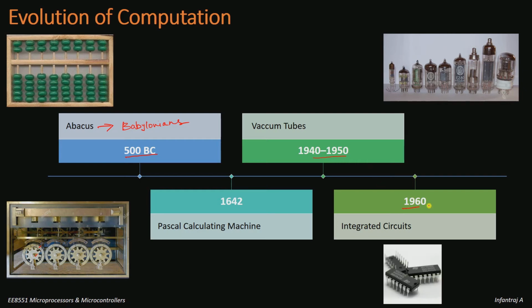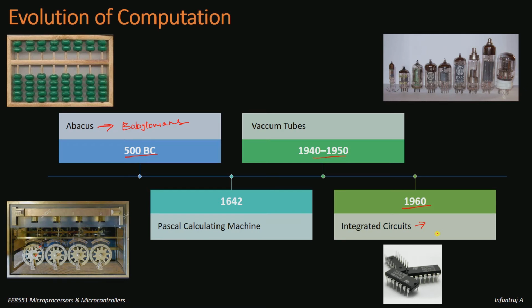Then, from the year 1960 onwards, the concept of integrated circuits came into existence. Even before the invention of integrated circuits, we had all the basic electronic components available in the market, after the invention of the bipolar junction transistor and diodes.